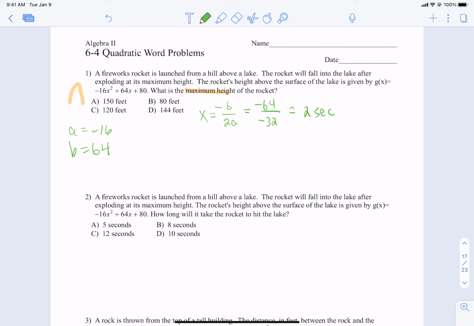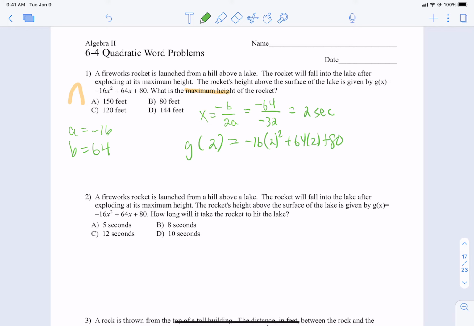Now the question said, what is the maximum height? Well, then we have to actually plug 2 seconds into the height equation, which is the equation you see right here, negative 16x squared plus 64x plus 80. Well, that's going to be negative 16 times 2 squared plus 64 times 2 plus 80.